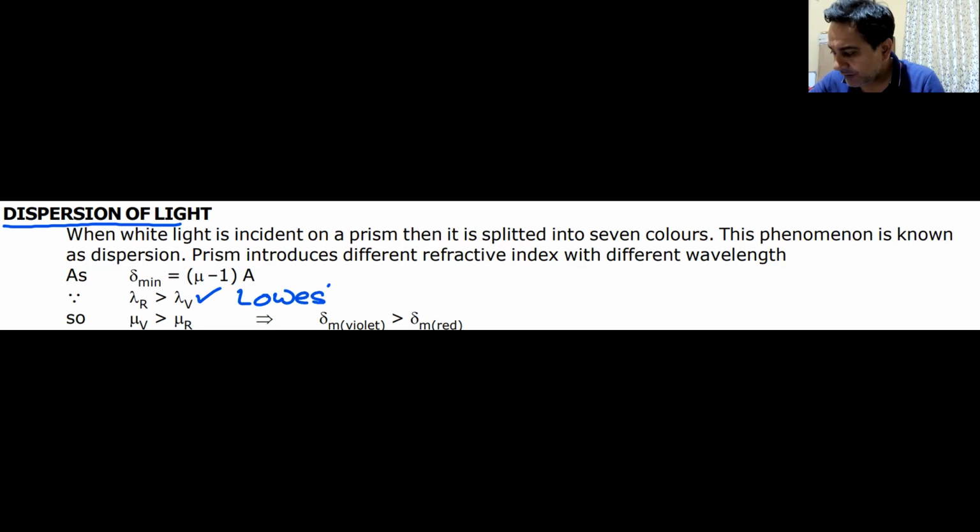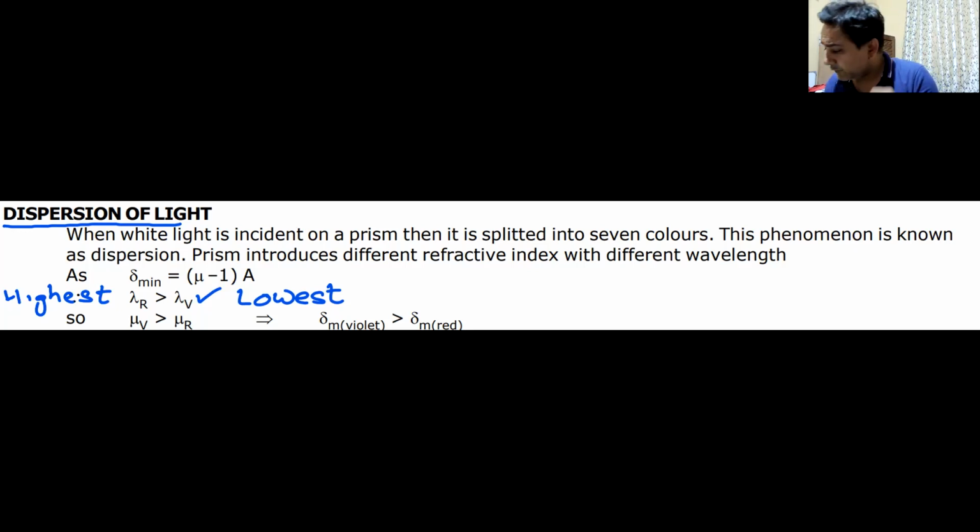Wavelength for violet is the lowest, and wavelength for red is the highest. Do we remember this? Wavelength for the red color is the highest, whereas wavelength for the violet color is lowest.